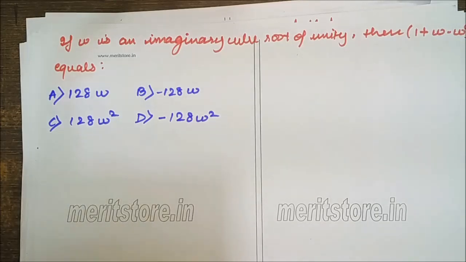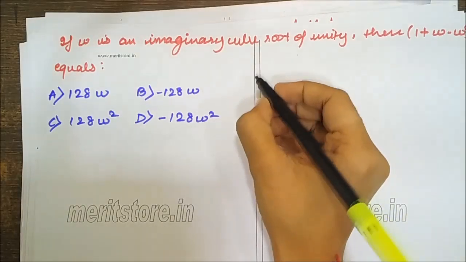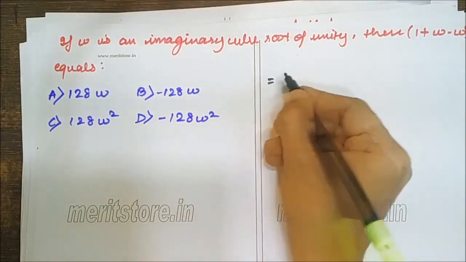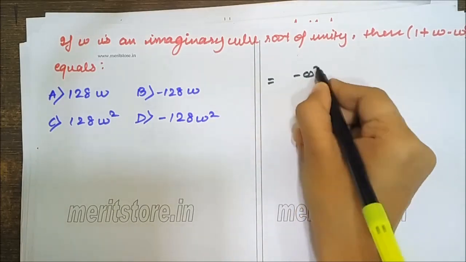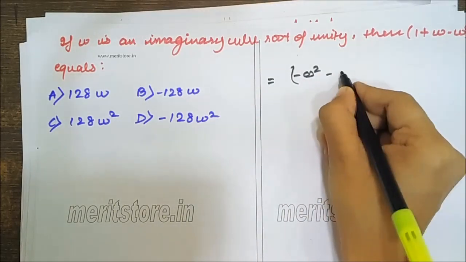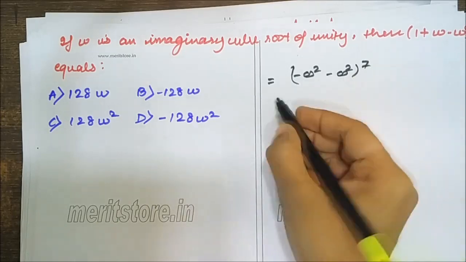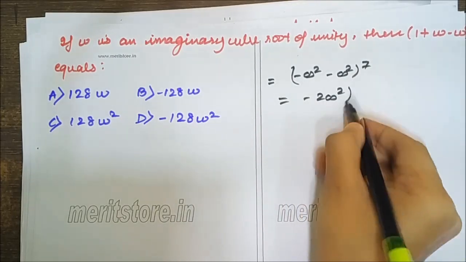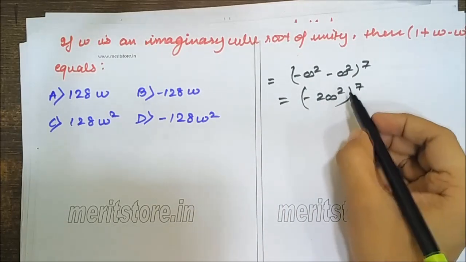If omega is an imaginary cube root of unity, then you have to find the value of (1 plus omega squared) raised to 7. How do you find it? Now this is equal to (minus omega) squared raised to 7, that is minus 2 times omega raised to 7.